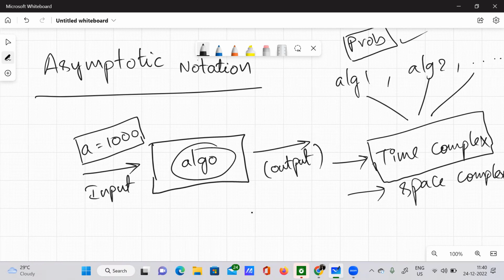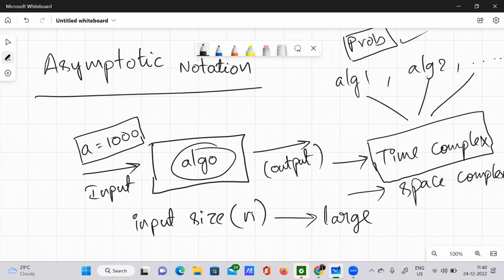While analyzing the efficiency of an algorithm, the input size, that is the n here, is very much important. It plays a very crucial role while analyzing any algorithm. So what if our input size becomes large?